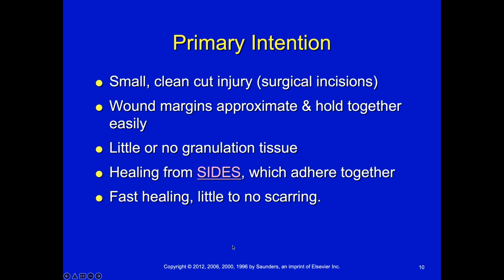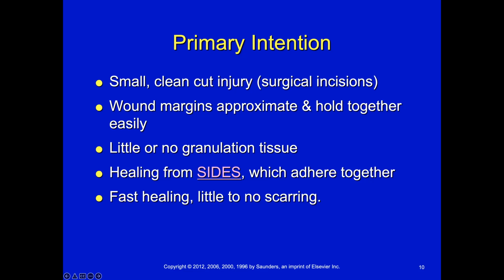So let's go on to the actual types of healing that we have. There are two types. One is primary intention, and the second one is secondary intention. So we're going to start with the primary form. And here, this is pretty much restricted to that small, very clean-cut injury that you see with surgical incisions.